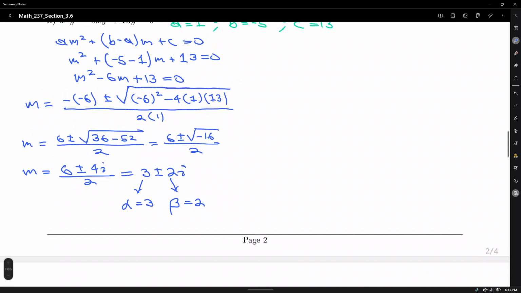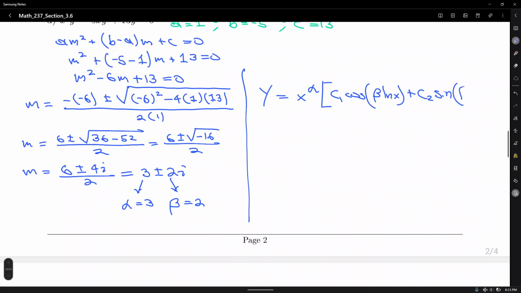All right, so in this case, the general solution would be of the form y equals x to the alpha, c1 cosine of beta ln x plus c2 sine of beta ln x.